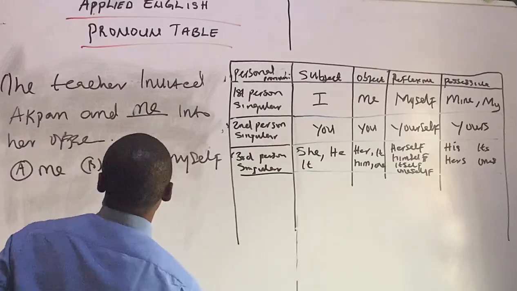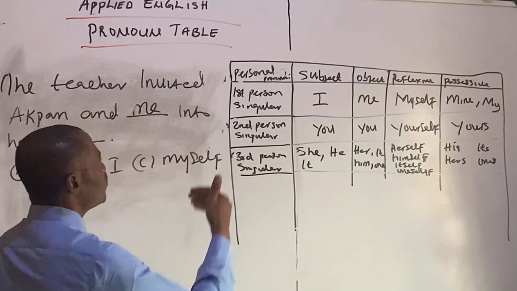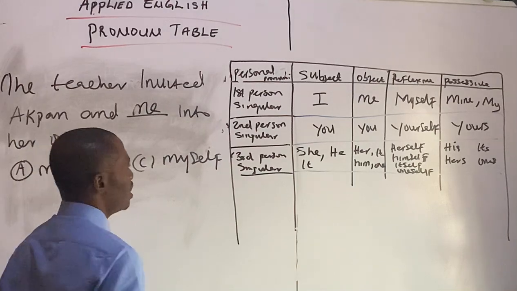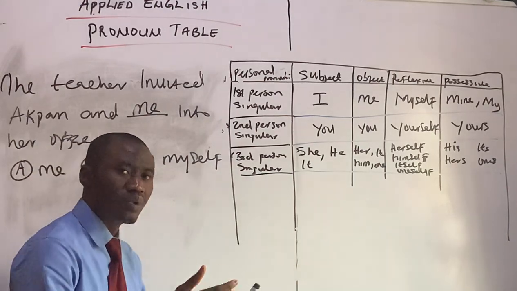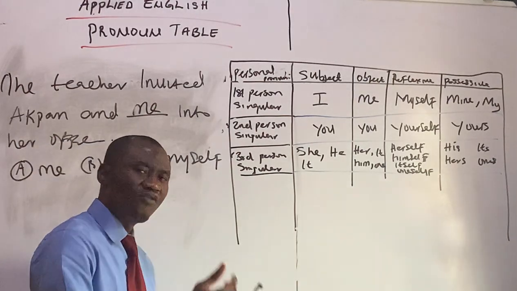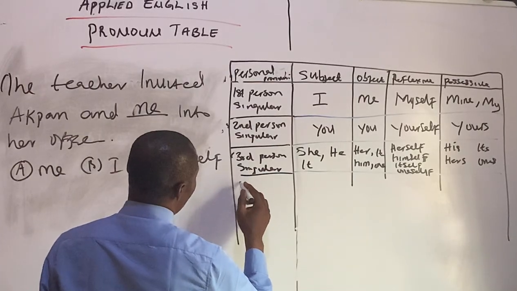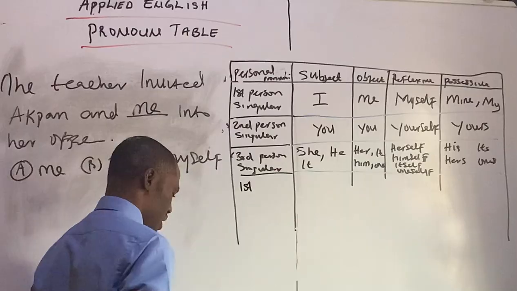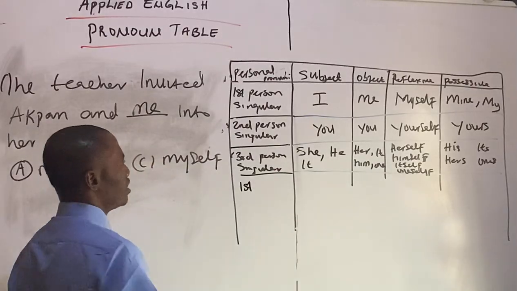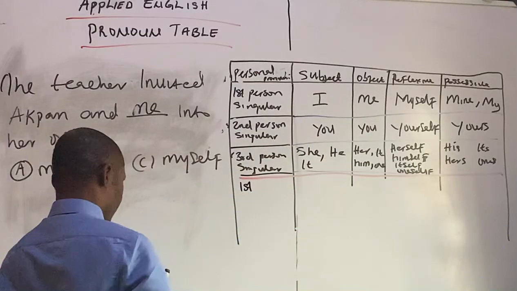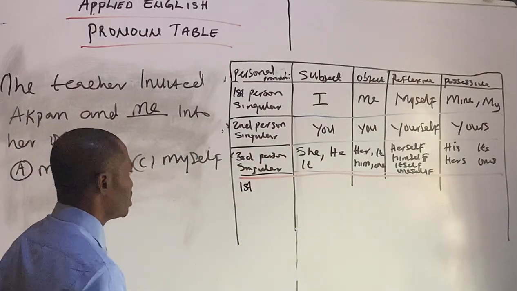All right. Now, having said this, we move to the plural. Let's do that on the board. We move to the first person plural, second person plural, third person plural. So let's start off with the first person plural. We'll need a red pen to demarcate, so that you will not have the same thing. And then we need to manage the board.